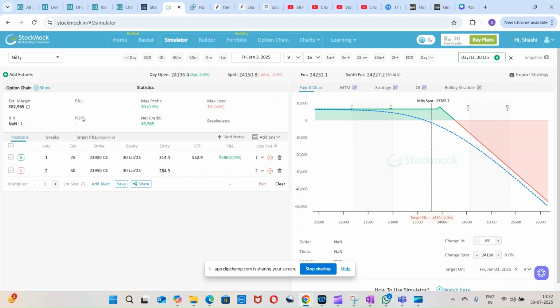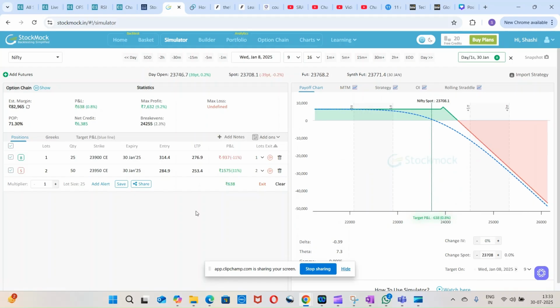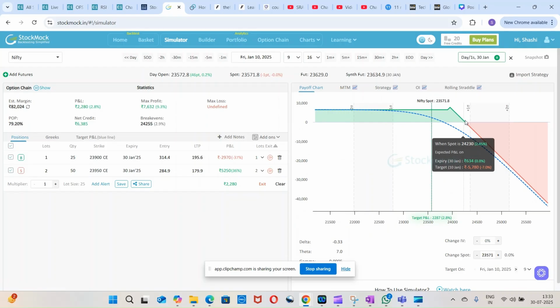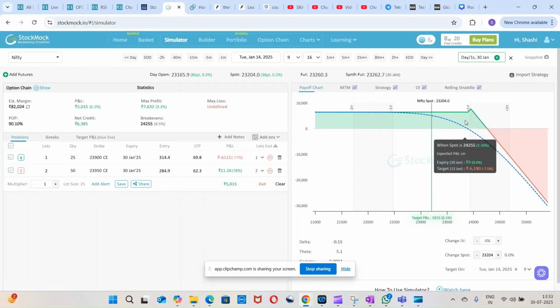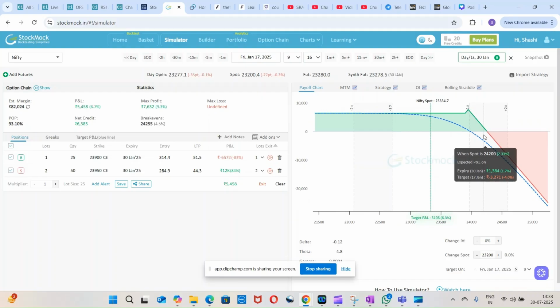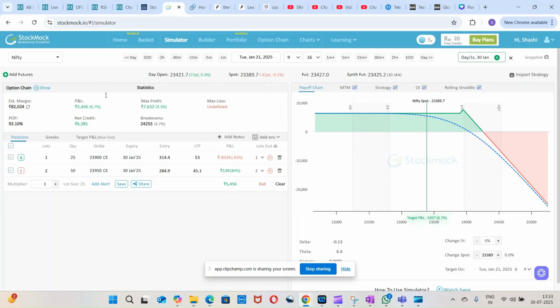So initially you're seeing losses, but as long as it doesn't breach this level, you are good. Okay. Once it breaches this level, you need to make some adjustments, which we will not discuss as part of this video. Adjustments are a totally different topic. So see, you're already making 6%, 7%.